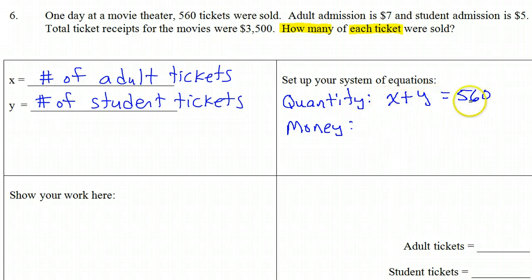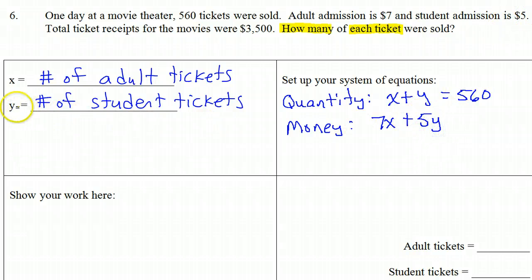Then there's the money equation, where it says how much money for each kind. So adult admission is $7, that's X. So $7 per adult ticket, so that's 7X. Student tickets are $5, so $5 per student ticket, Y is student tickets.